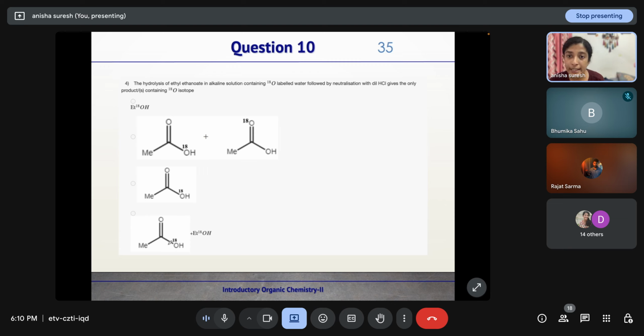The hydrolysis of ethyl ethanoate in alkaline solution containing O18 labeled water, that is H2O18, followed by neutralization with dilute HCl, gives the only product containing O18 isotope, which will be this EtO18H, this acid only, or this acid and this alcohol. Which is the right answer?